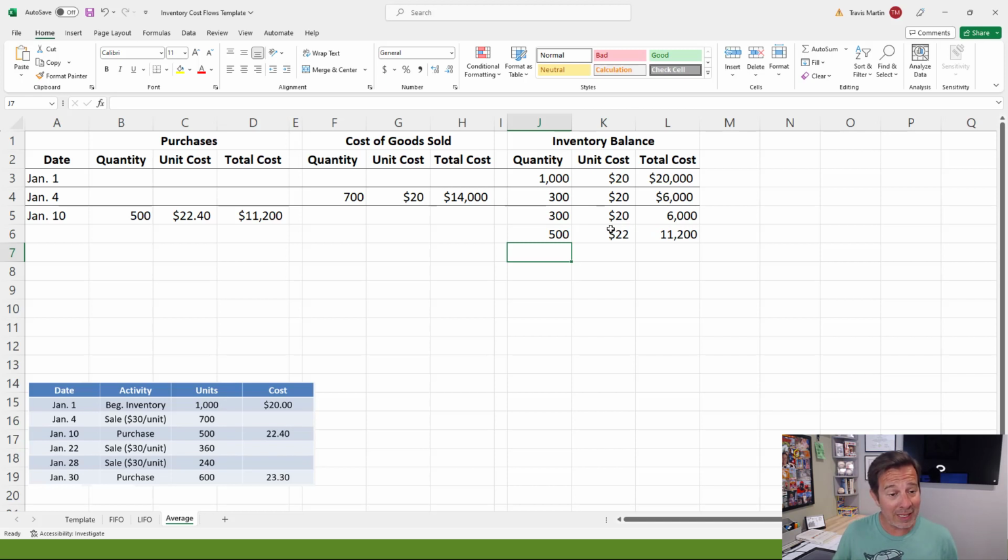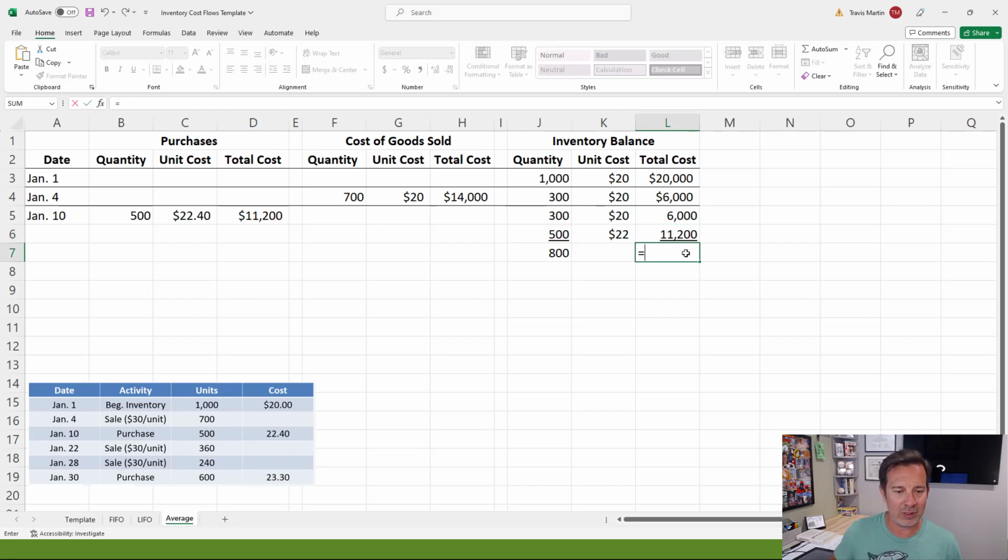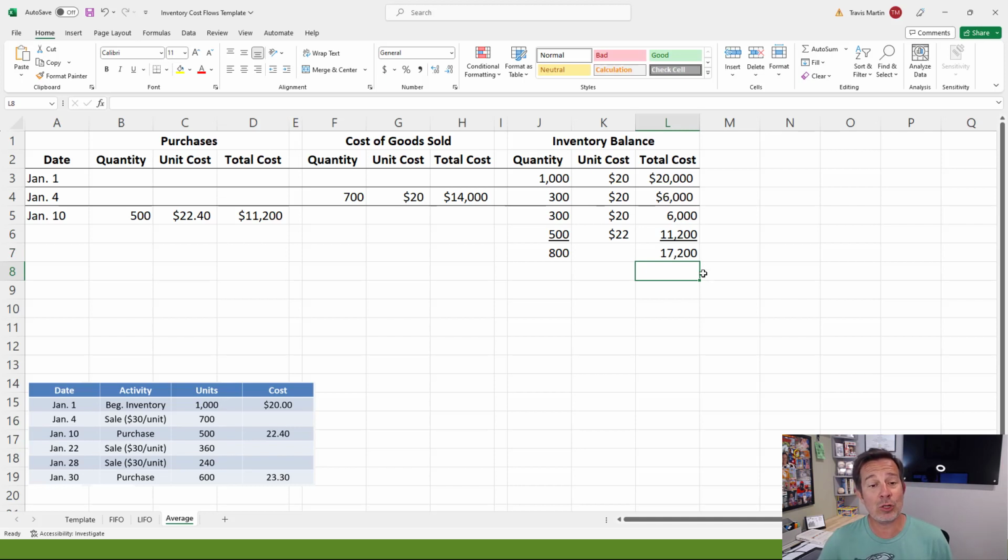So let's calculate an average right here. We've got 800 units, and we paid for those 800 units a total of $17,200. All right, everybody see my math right there? We had 300 and 500, so I have 800 total units.